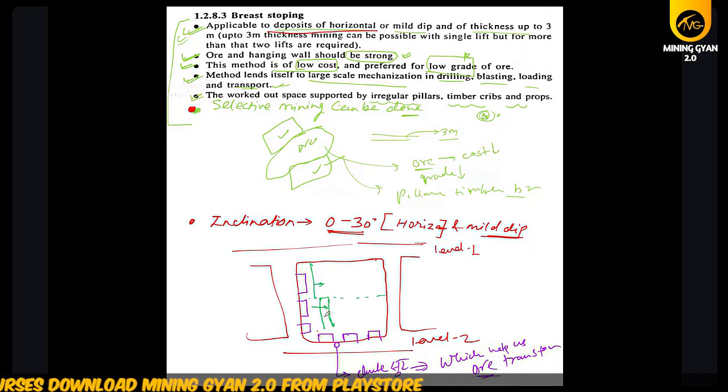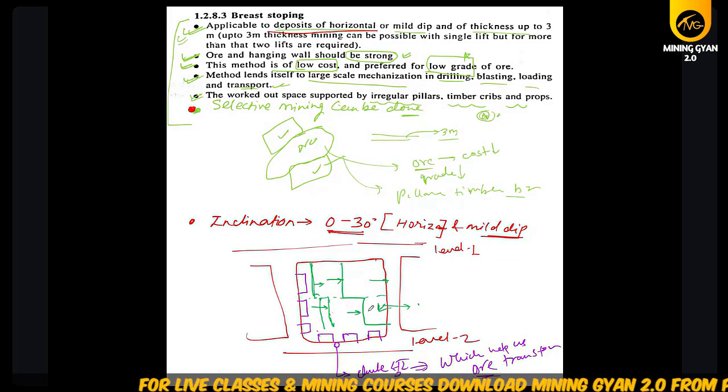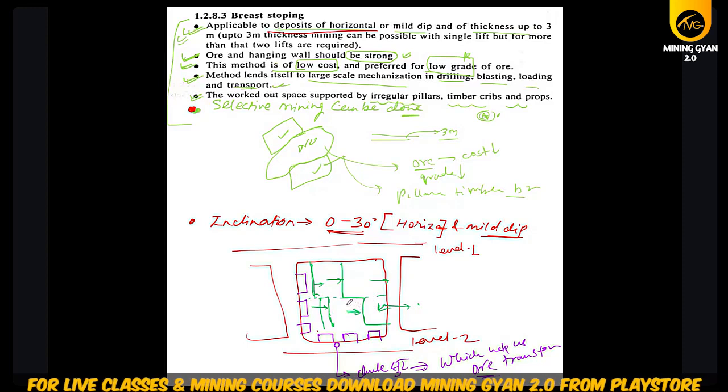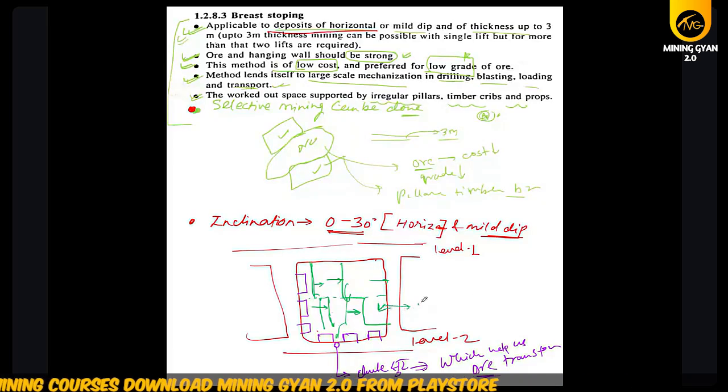What it means is that these 2 slices will go simultaneously, but the bottom slice we will start first. Why are we doing this? Because if we extract first, then this gap will occur, so it will help to extract this coal with the help of this chute. Okay, this is the driveway.